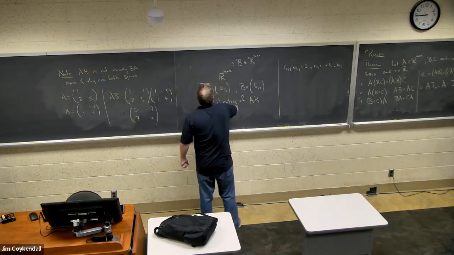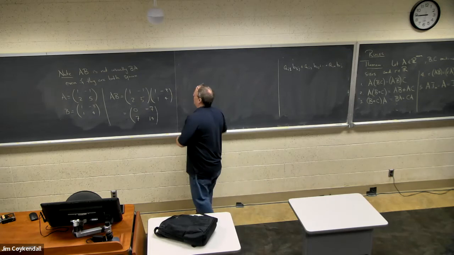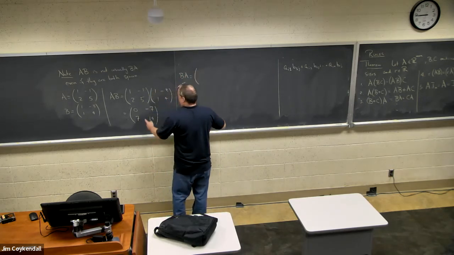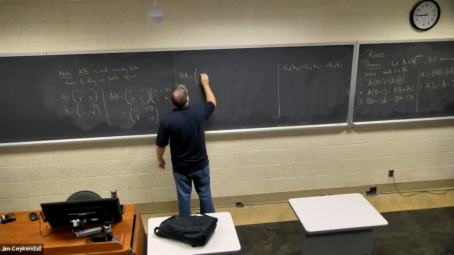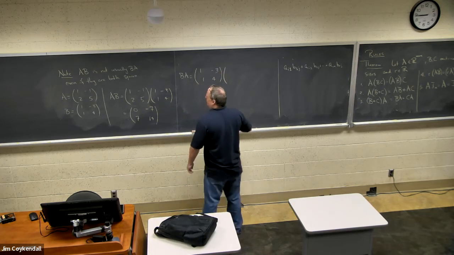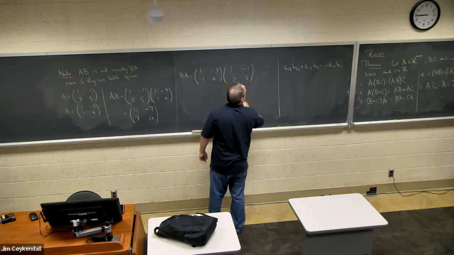Now, if you look at the other direction, BA, this is 1, minus 3, 1, 4 times 1, minus 1, 2, 5.